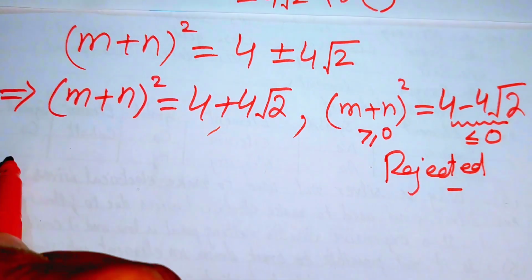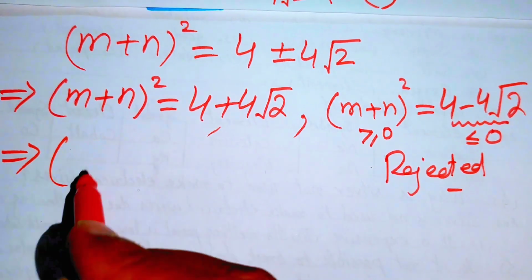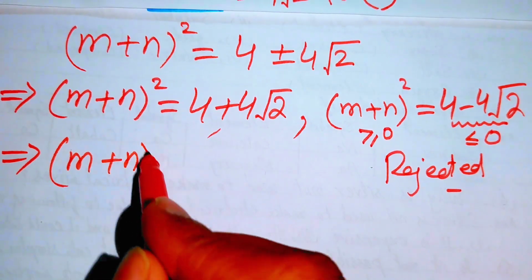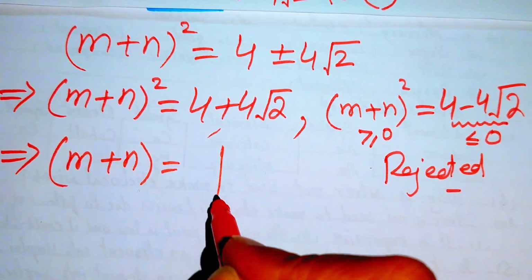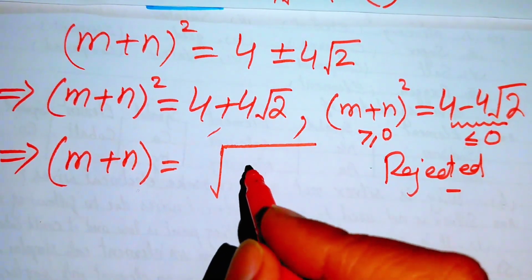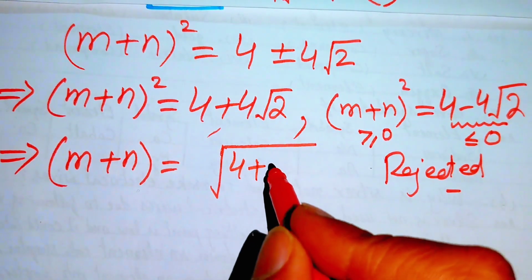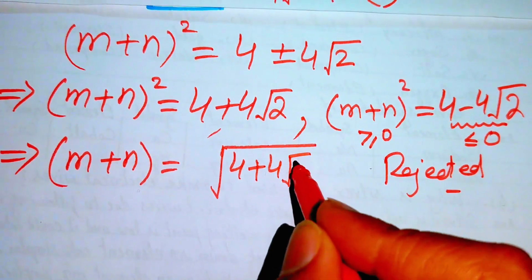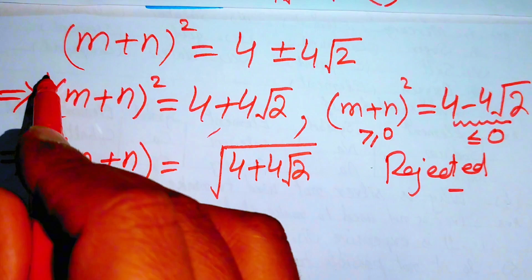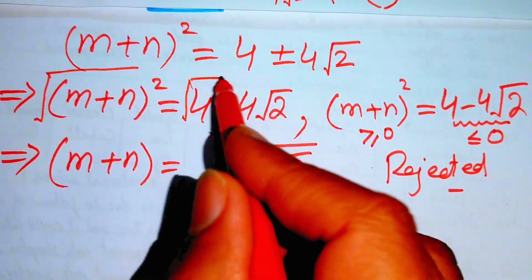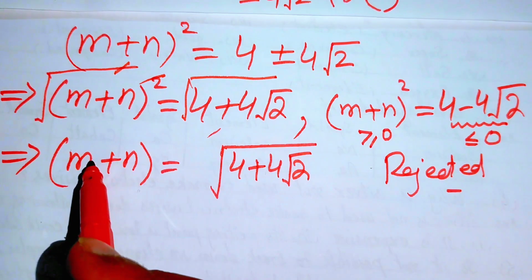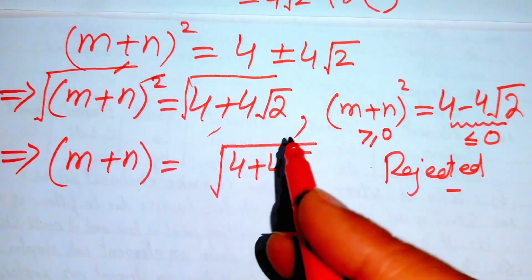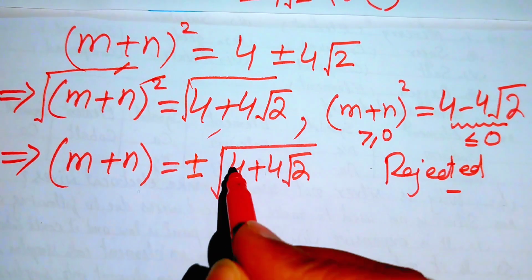on both sides of this equation, and we write it as m plus n equals square root of 4 plus 4 times square root of 2, because here we take the square root on both sides. So this 2 and square root are gone, and we get this one, and we write this equation as plus minus this form.